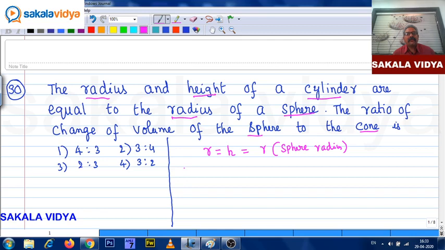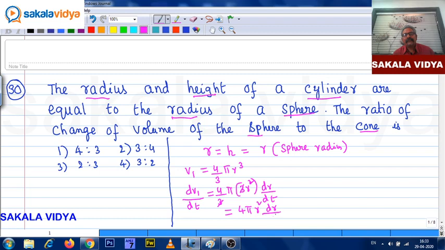First let us find the volume of the sphere. Volume of the sphere is 4/3 pi r cube. Now find the rate. dV1/dt equals 4/3 pi, the derivative of r cube is 3r square, with respect to t, that is dr/dt. So 3 gets cancelled, we have 4 pi r square dr/dt.